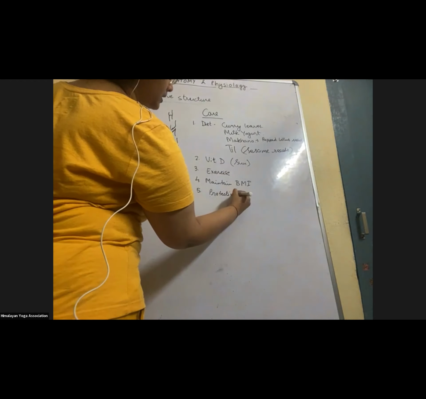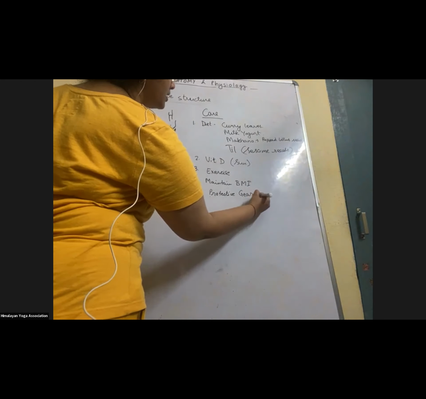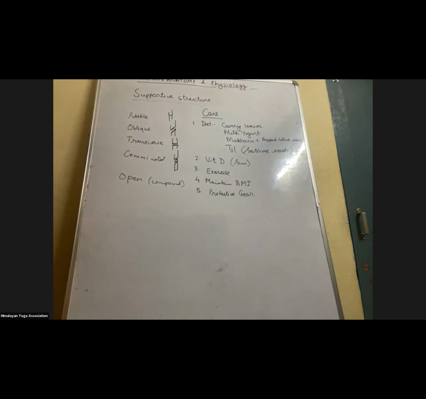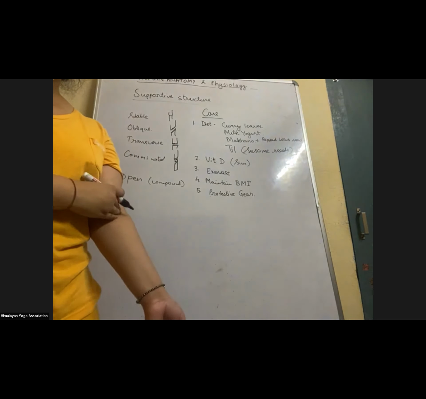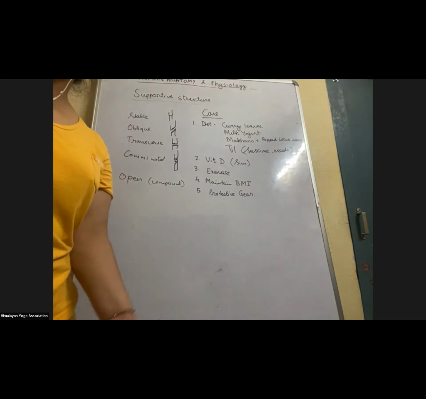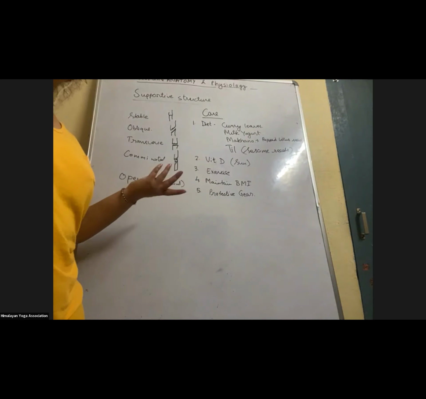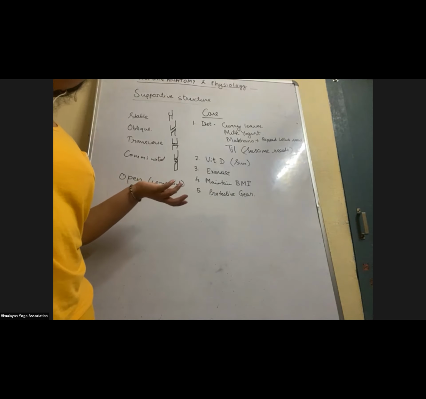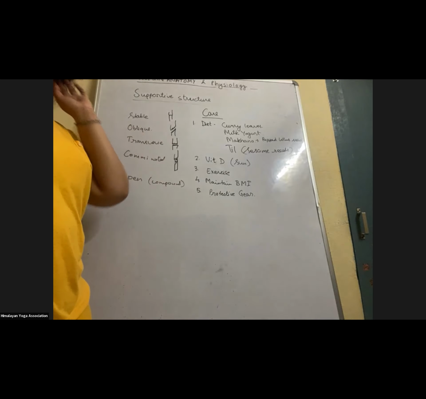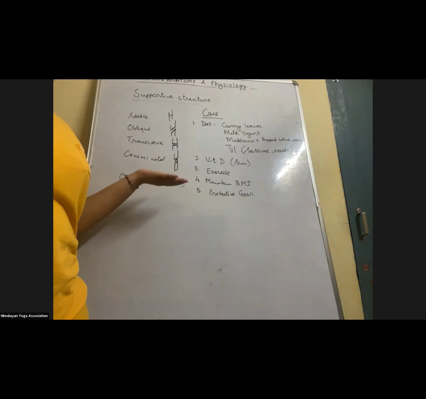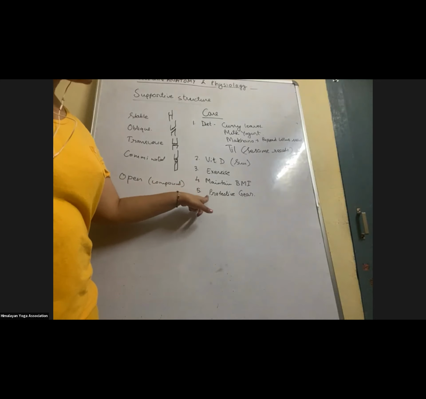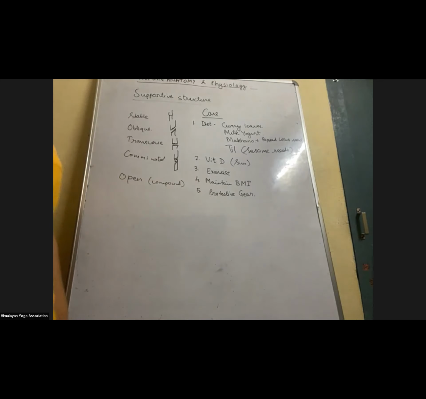Because you see in kids, they generally break the elbow joint, or the knee, or the arms or legs. Why? Because they would not wear protective gear. So it is advised to wear proper protective gear while playing any kind of sport, to avoid any fracture and to maintain our skeletal system.